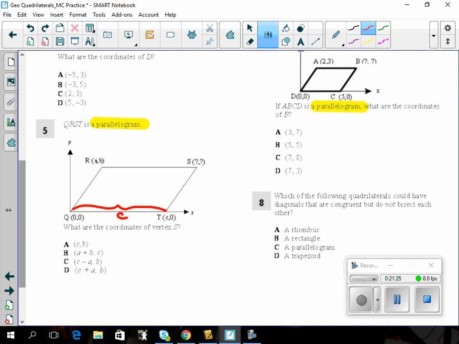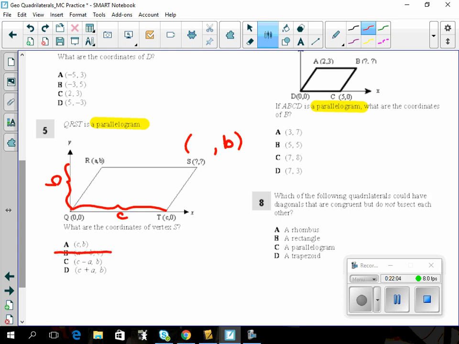So just whatever that C is, the distance of that side is C. When I think about the distance going up here, up to point R, how far up do I go? When I look at this A and this B, what's the up? It's the B, right? So this distance is B. When I think about S, aren't I going up the same amount? So isn't this going to be B over here? Okay, so what answer choices can I eliminate?